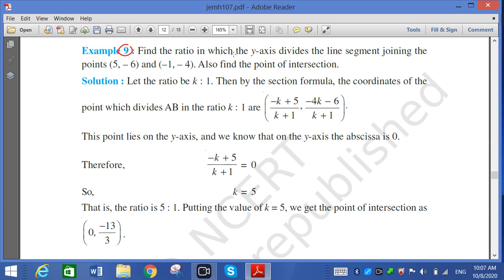Find the ratio in which the y-axis divides the line segment joining the points. Everyone knows that on the y-axis, the value of x is always 0.